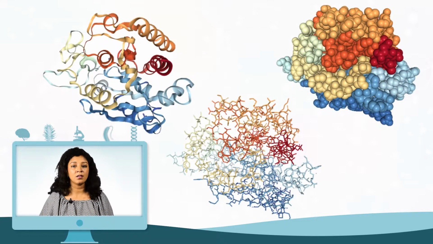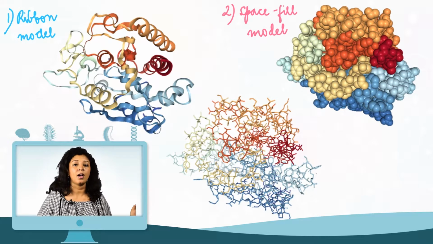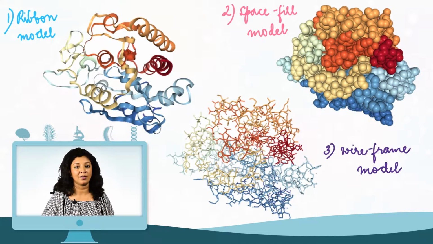What you see here are the three common representations of what a protein or an enzyme looks like in the 3D form. This is a common digestive enzyme, carboxypeptidase. And what you have here is its ribbon model, the spacefill model, and the third one is the wireframe model. Don't worry, you do not need to draw these.